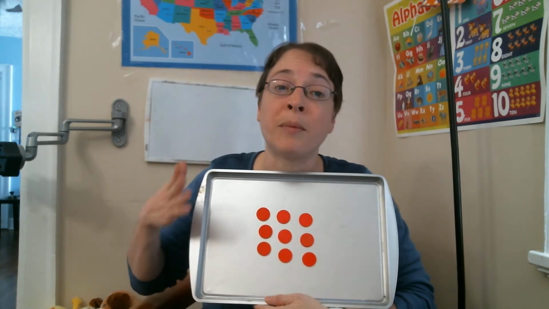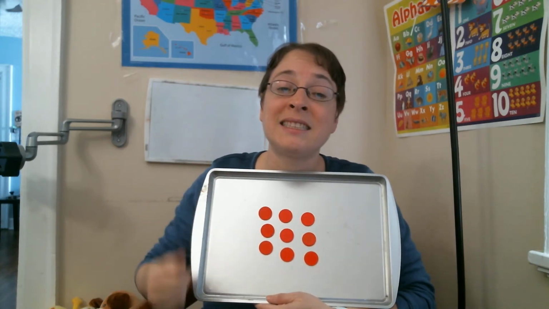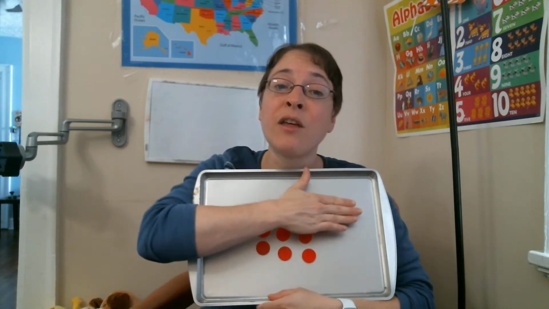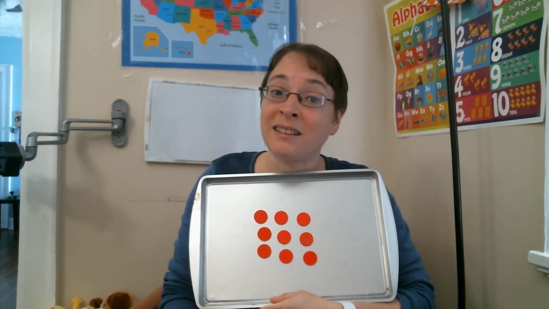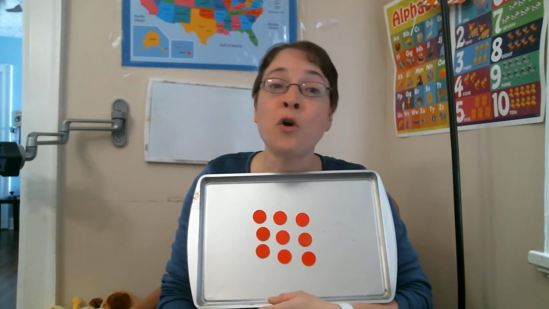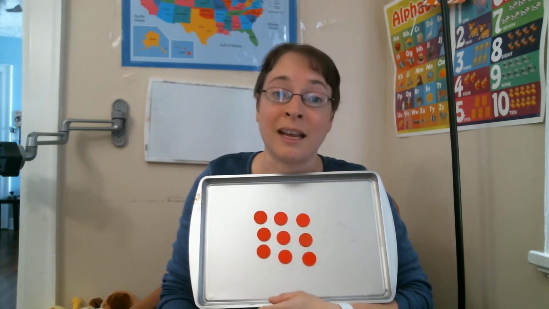Jeremy had 9 pennies. He wanted to put some pennies in one pocket and some pennies in the other pocket. Show me how many are in each pocket. So there is no right or wrong answer.